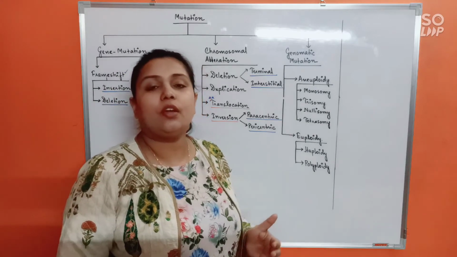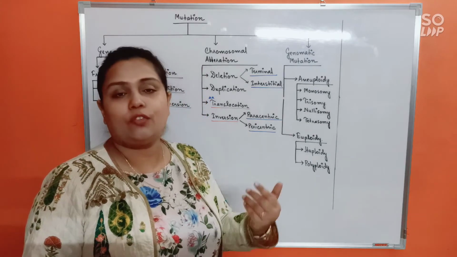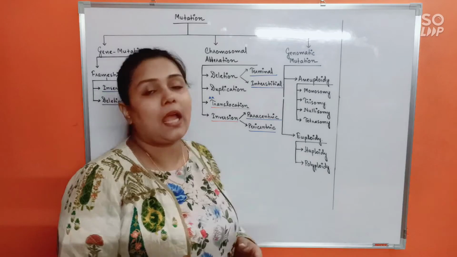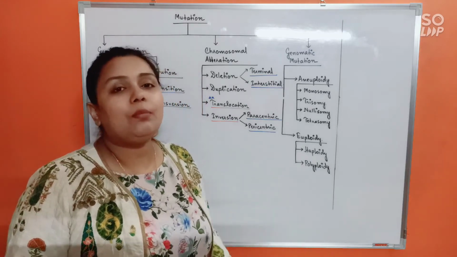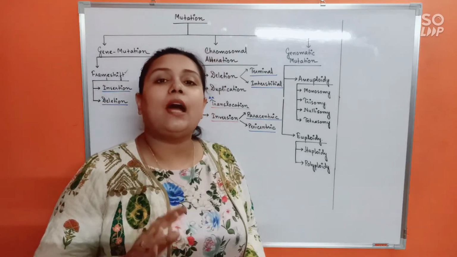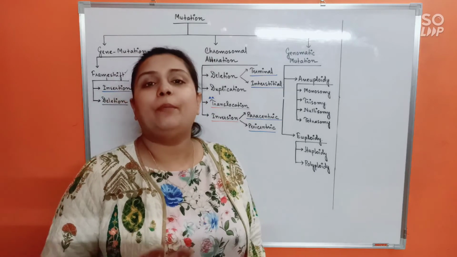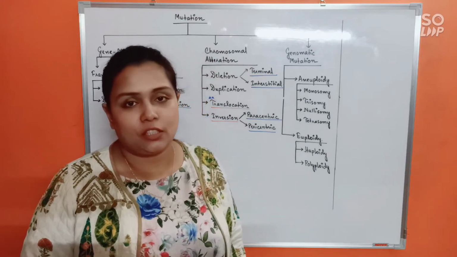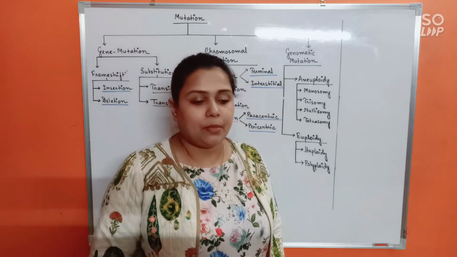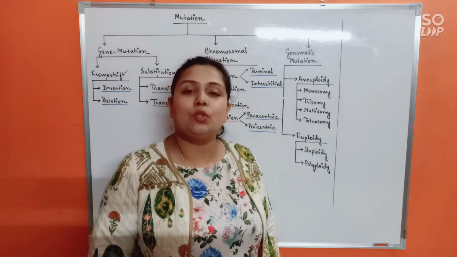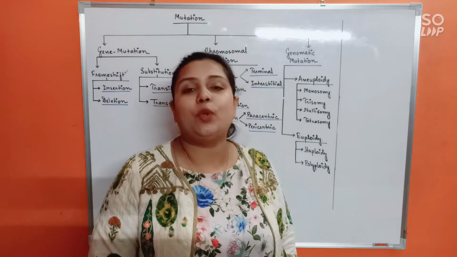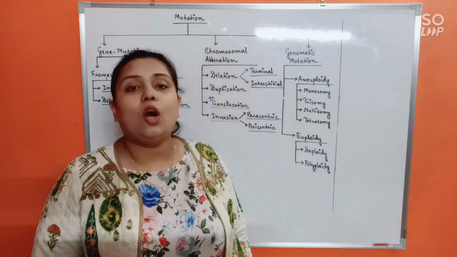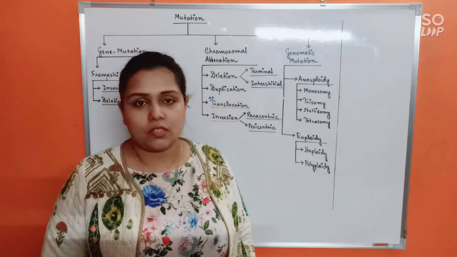A change in the structure of a single chromosome, we call it chromosomal aberration. Genomatic mutation means the number of chromosomes or the number of sets of chromosomes in a cell will undergo some change. For example, we human beings have in our diploid cells 23 pairs of chromosomes or 46 total chromosomes, isn't it?